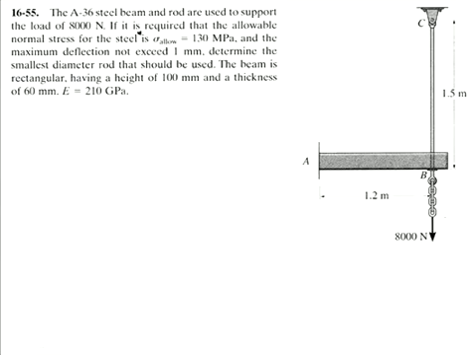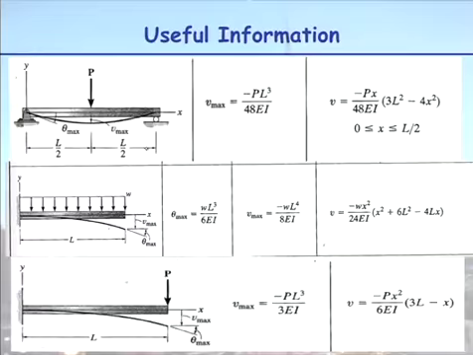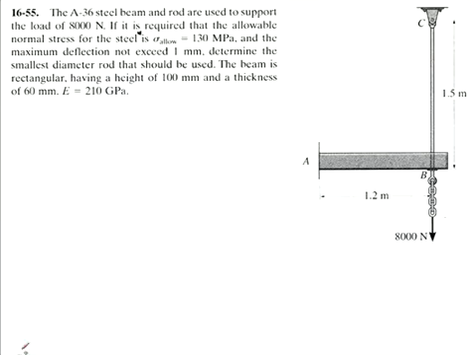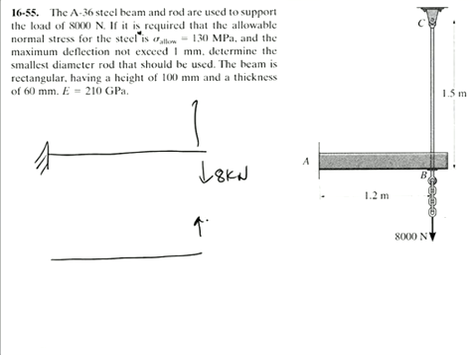So let's be clear what's happening. We have a beam, apologies again, this pen. We have a beam here with 8 kilonewton on it and a rod. The rod carries 6.3 kilonewton, and so thus the beam itself is carrying your 1.7 kilonewton.